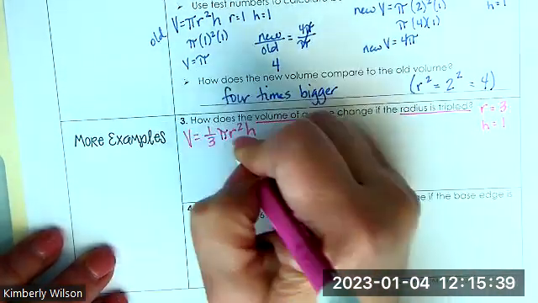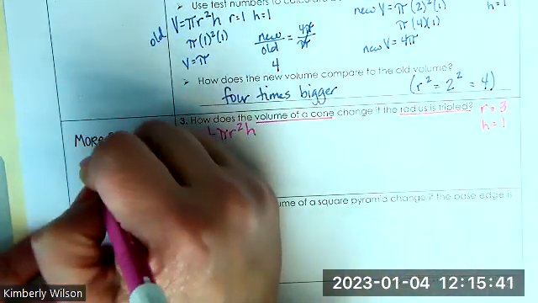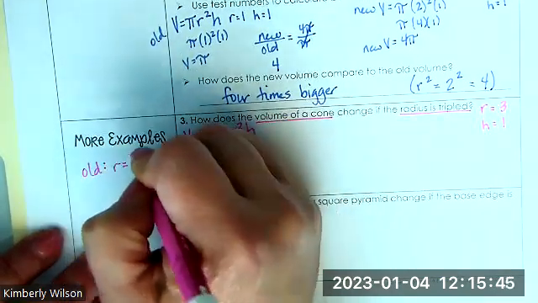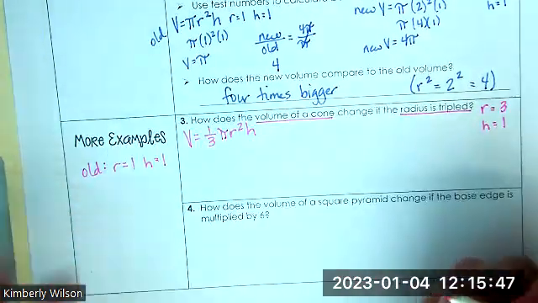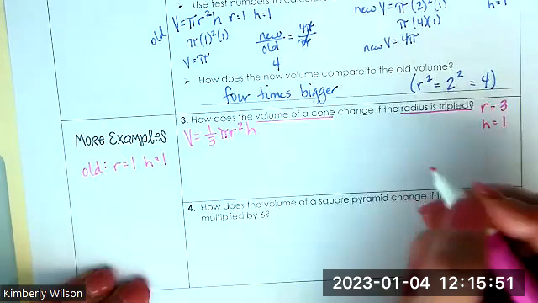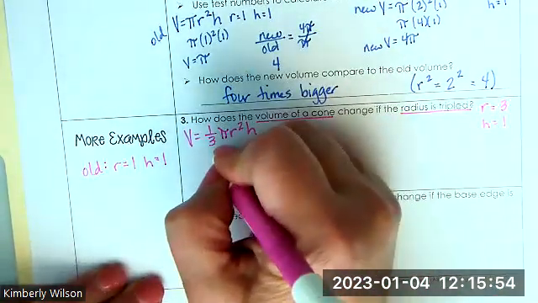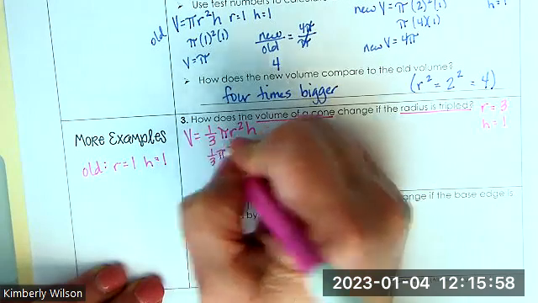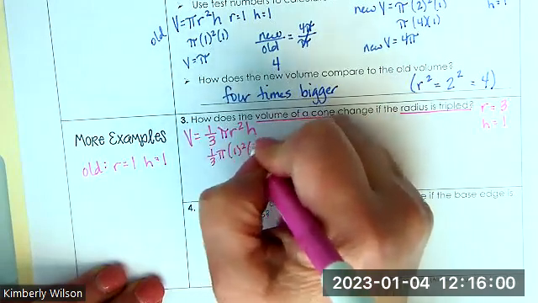And in our old one, the old is always going to have a radius of 1 and a height of 1. Make it simple. So that's all going to become 1s. So it's 1/3 pi times 1 squared times 1.